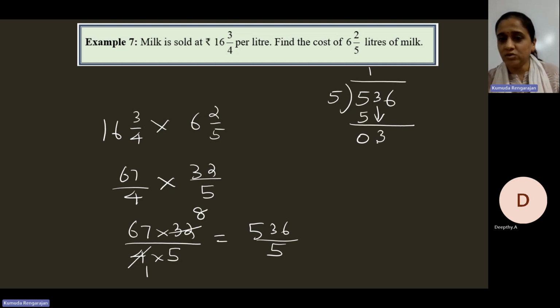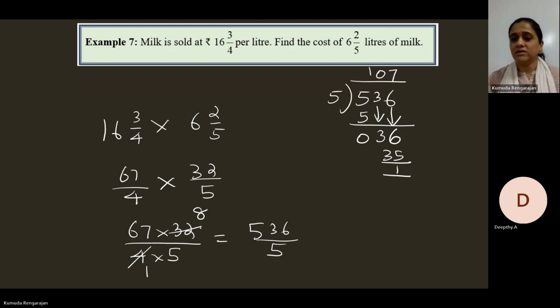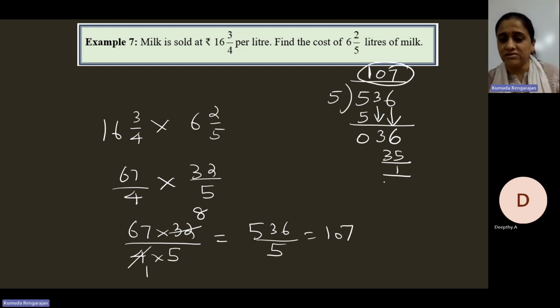Not possible to divide. So you need to add a 0 and then bring the next number down. Now 5 sevens are 35. The remainder is 1. So the mixed fraction is 107 1/5.